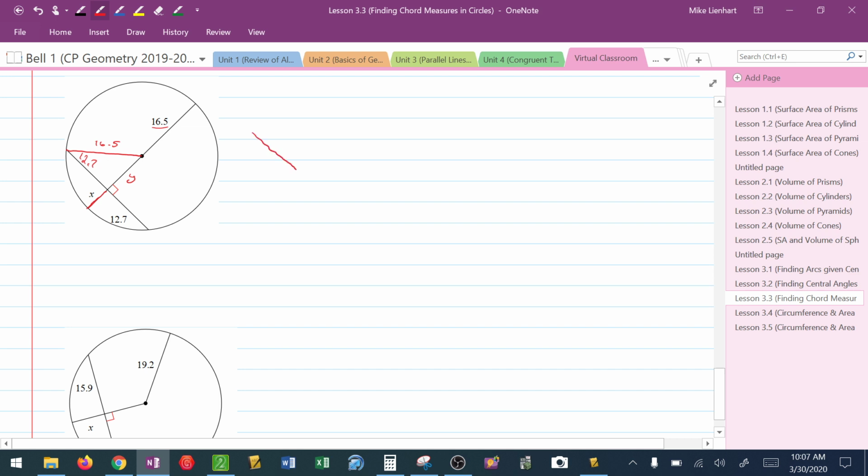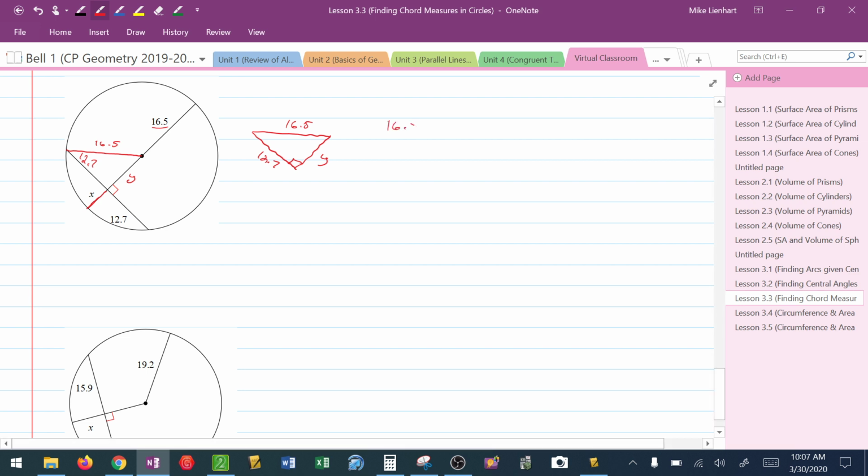All right, so what am I looking at here? I've got this right triangle. And on this right triangle, I know this is 12.7. I know this is 16.5. And I called that y. So the first thing I'm going to do is find y by using the Pythagorean theorem.